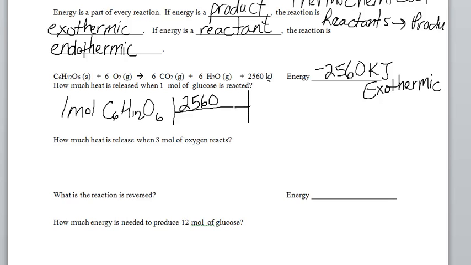I know that I get 2,560 for every 1 mole. As far as sig figs, since these are exact numbers, exactly 1 mole from the balanced equation, I'm going to go ahead and write all of them, 2,560 kilojoules.